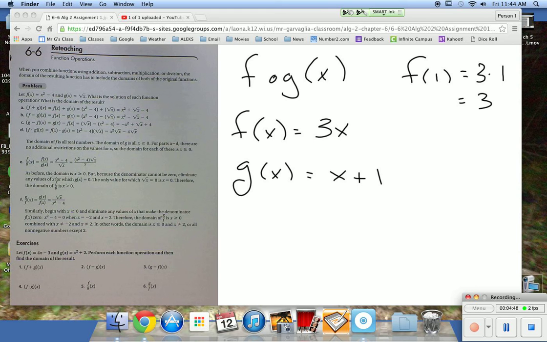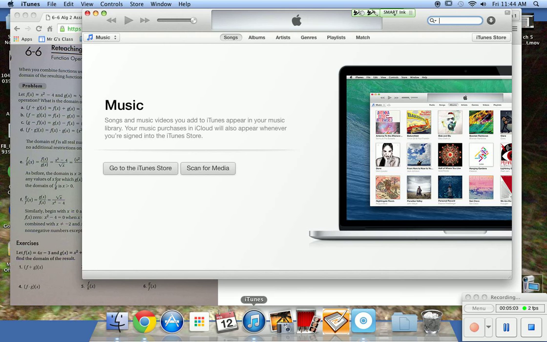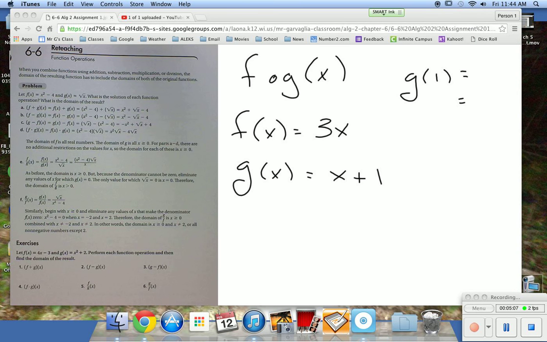Actually, I'm going backwards on this. Let's go the other way. I'm sorry, let's make this g. I apologize, because it's not going to work the way I have it written here. g of 1 would be 1 plus 1, which would equal 2.